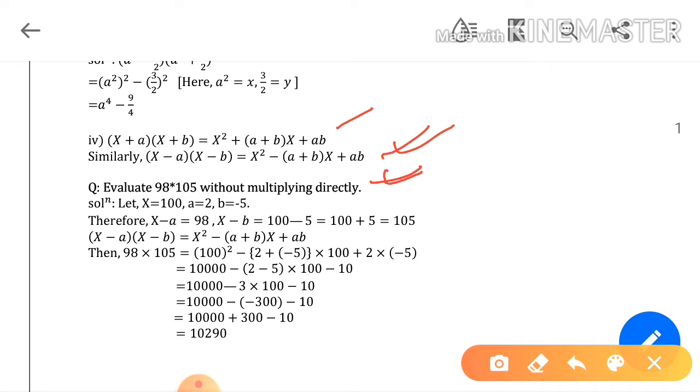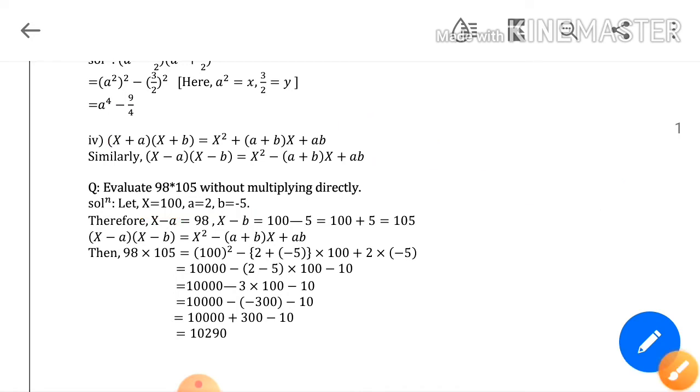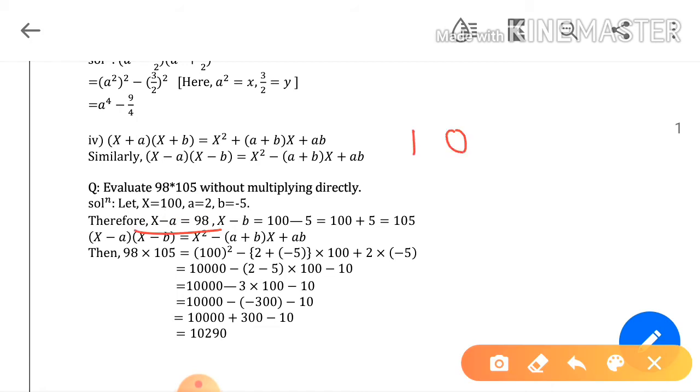We have to calculate 98 into 105. From this formula, we take x equals 100, a equals minus 2, and b equals 5. That's why x plus a, that is 100 minus 2, is 98.